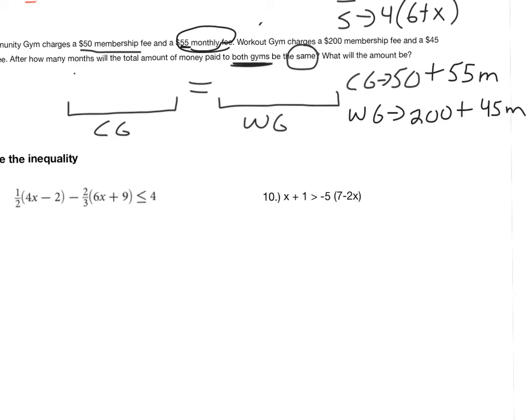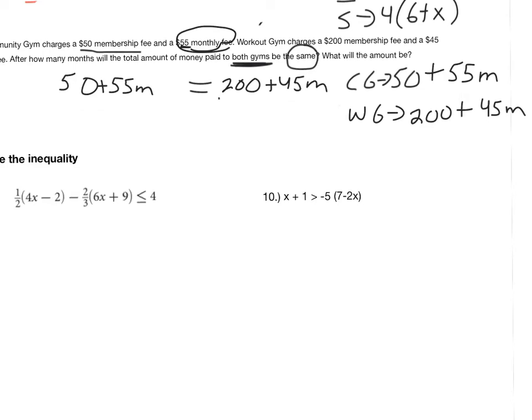So community gym is going to be 50 plus 55M, right? Workout gym is going to be 200 plus 45M, right? And we solve this. Let me go ahead and erase some stuff. Nothing to distribute here, no like terms to combine. So we're going to move the variables to the same side, right? So subtract 45M on both sides.